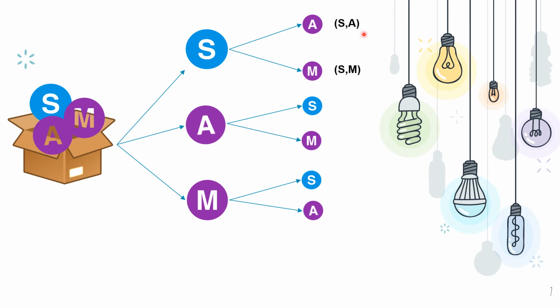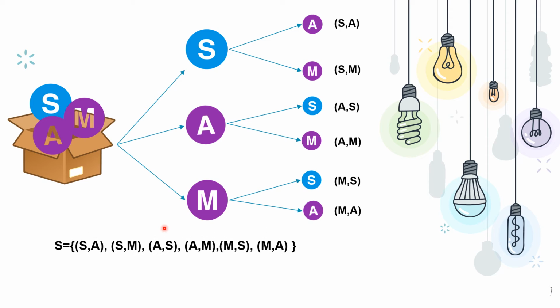And then S, M. And here A, S. Then A, M. M, S. Last one, M, A. So we have 6 possible outcomes, and now we can list down all the possible outcomes. This is how we can get the possible outcomes by using the tree diagram.